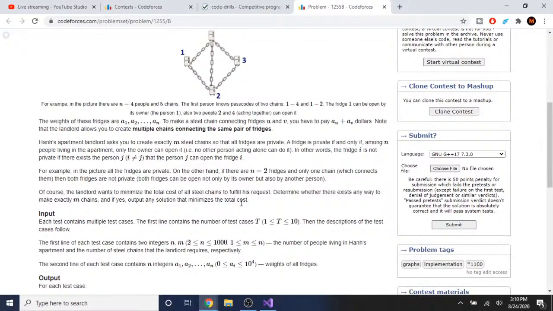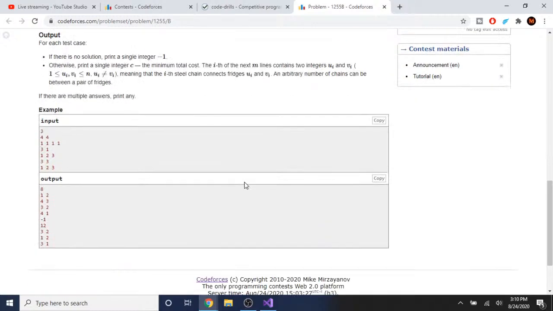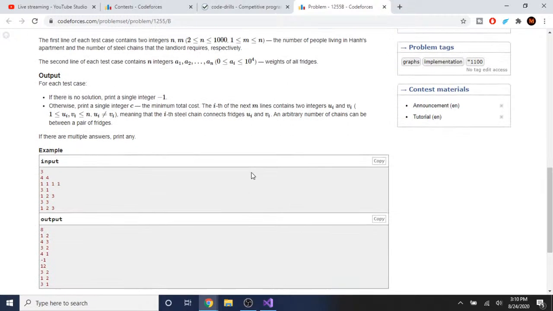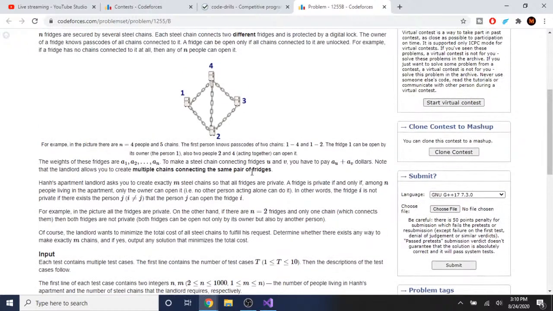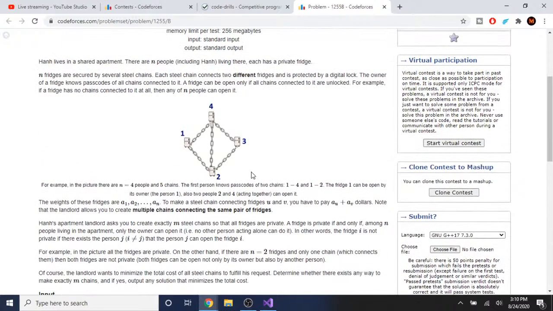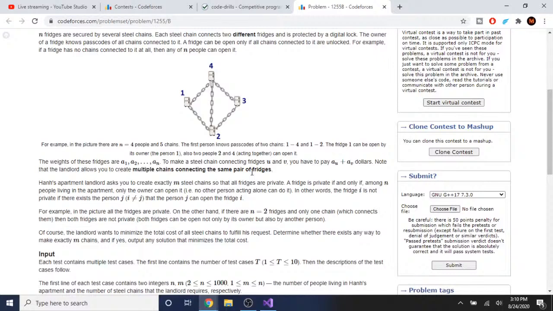You want to minimize the cost. Okay. M chains.